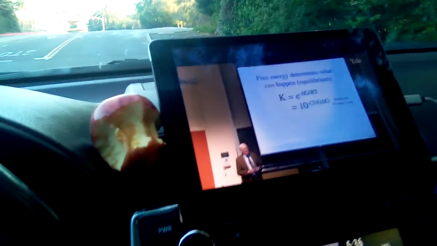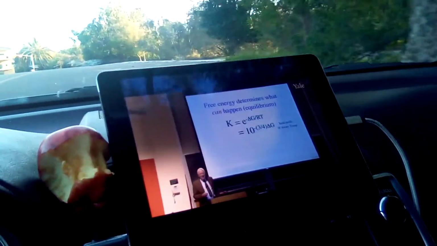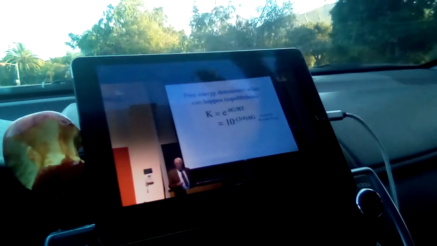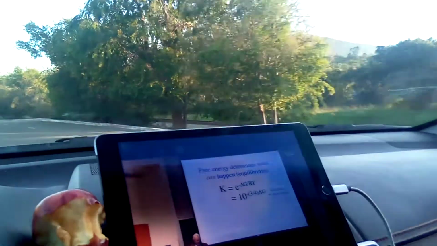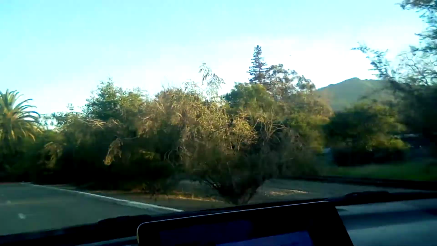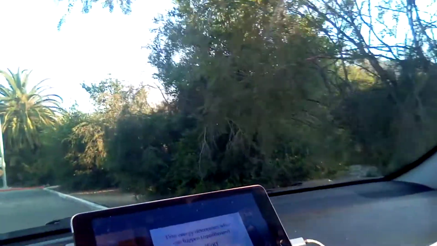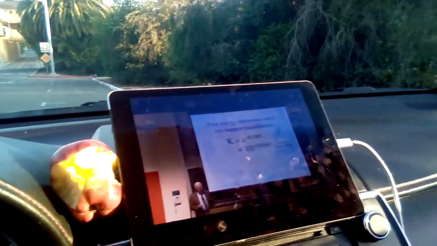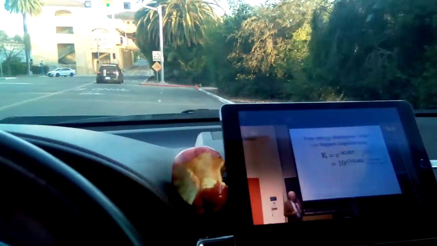Okay, so at the end of last semester, we were talking about energy and how it related to things. That free energy determines what can happen at equilibrium. And remember, it was all statistics, and the statistics filtered down to give us this handy relationship at room temperature, that an equilibrium constant is 10 to the minus 3/4 of the difference in free energy, or if you're not worried about entropy, the difference in enthalpy, the heat of the molecules.